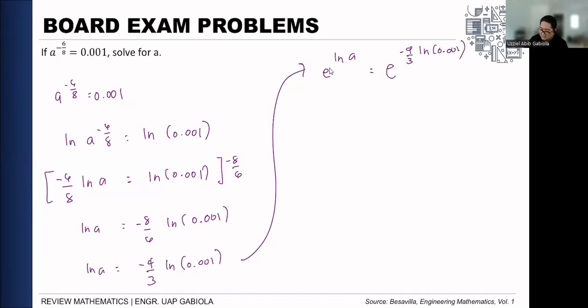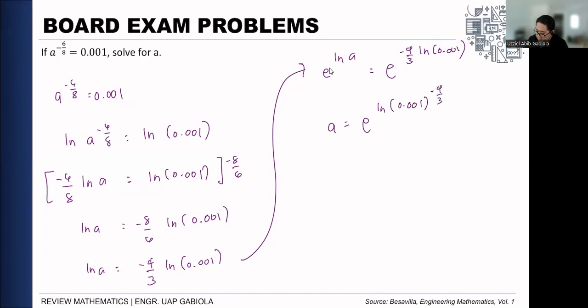That is equivalent to A is equals to e^(ln 0.001^(negative 4/3)).